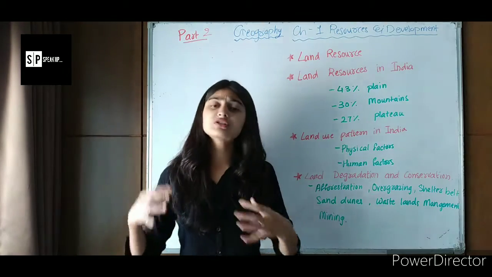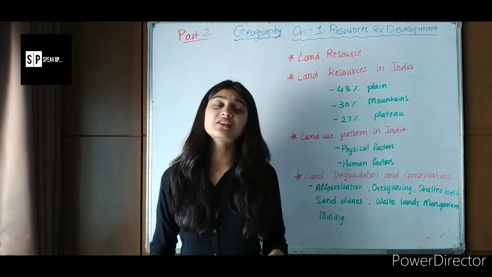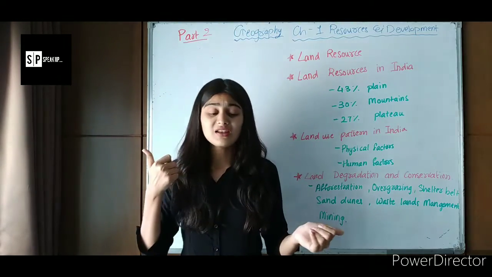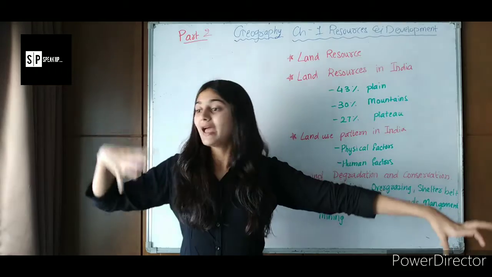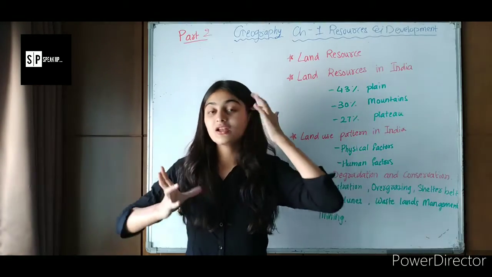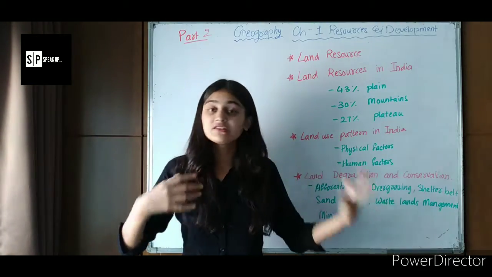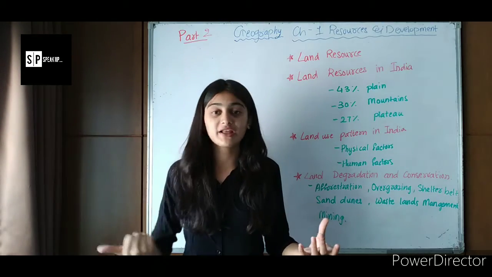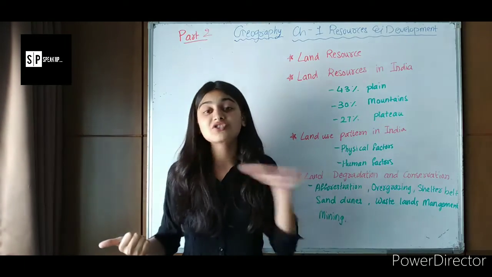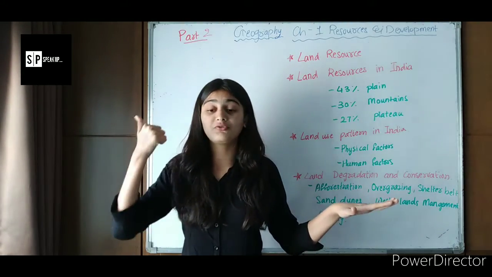Now land use patterns according to the physical factors, that is topography. What is topography? The topography of the land is the main factor responsible for land use. So if the land is uneven, then we won't be using it for agriculture, and if the land is straight, then we won't be using it for forestry.